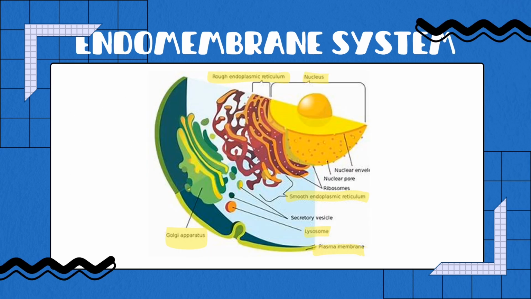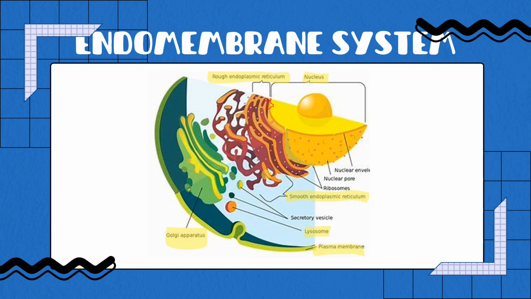As you see here, this is the endomembrane system. You have a nucleus, and it's connected by a membrane to the rough endoplasmic reticulum. This is the membrane right here, and the rough endoplasmic reticulum is also connected to the smooth endoplasmic reticulum by membrane. And then we get to the Golgi body.